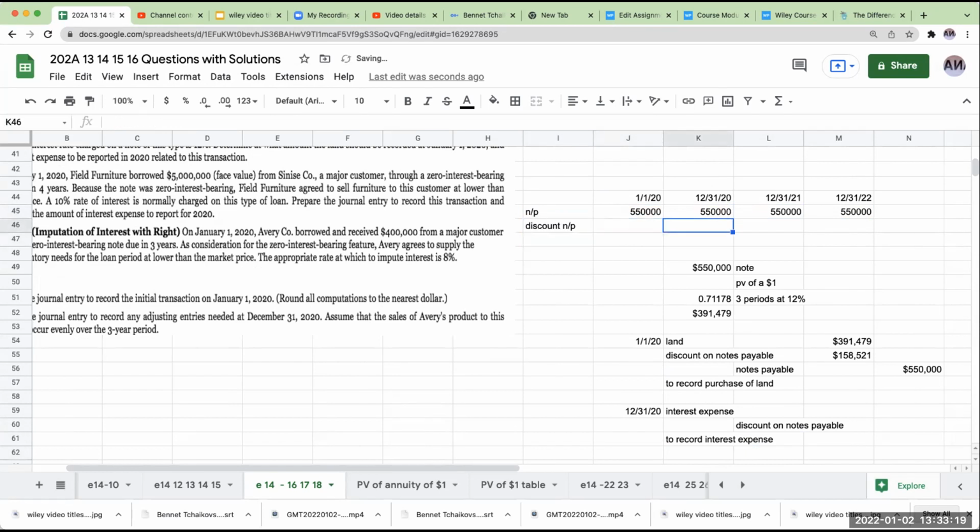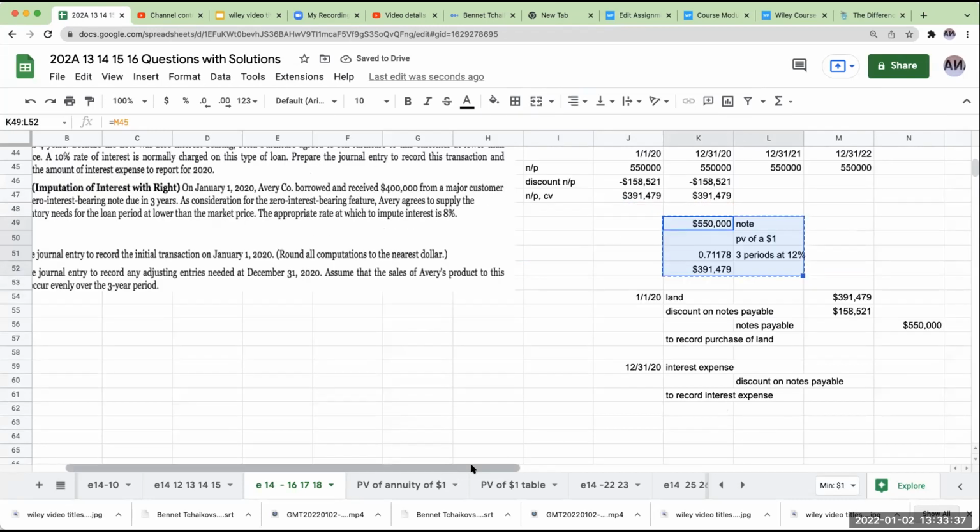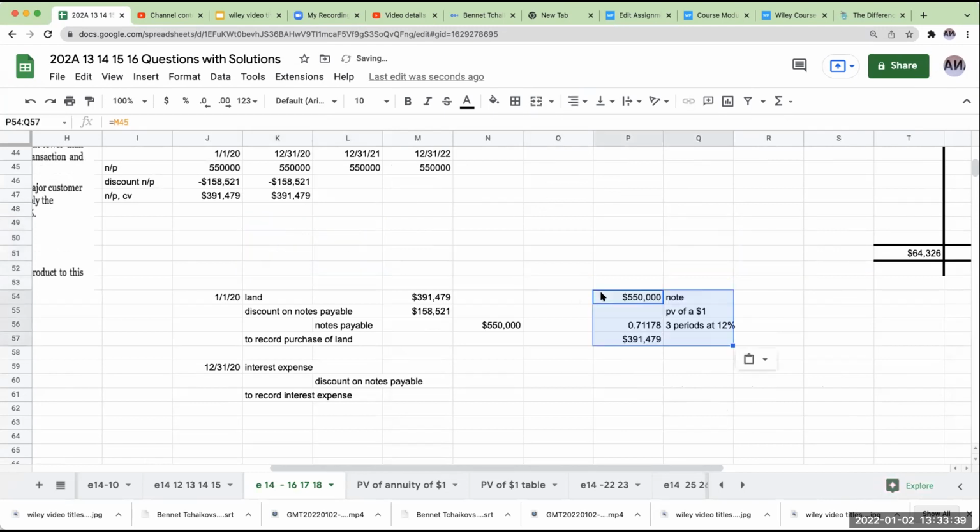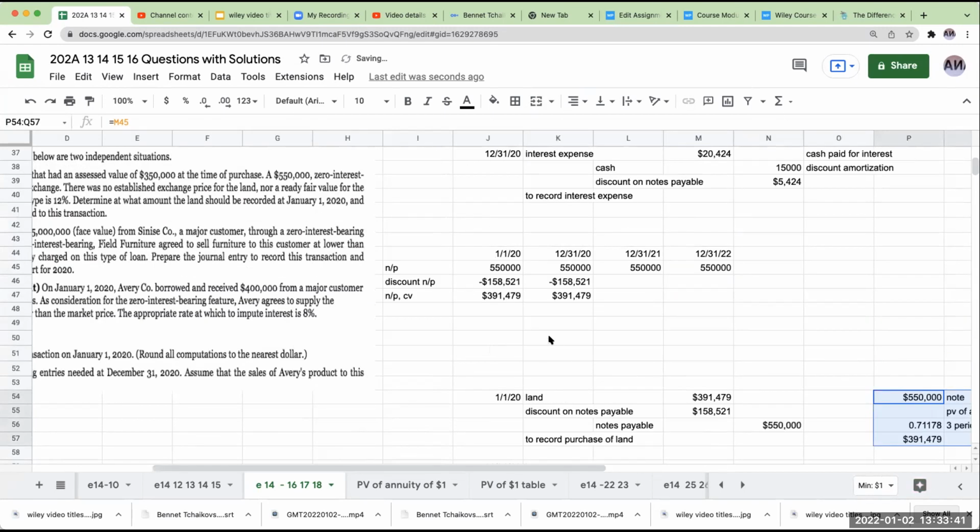So my discount on my notes payable was at 158,521. My note payable carrying value is going to be the difference between these two. The way I'm going to record the interest expense is to take the interest rate at 12%.